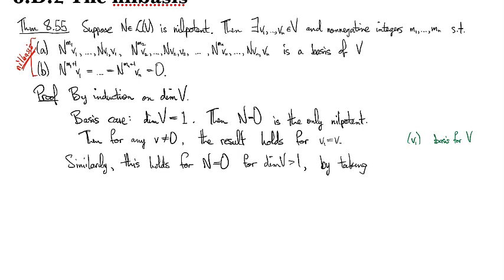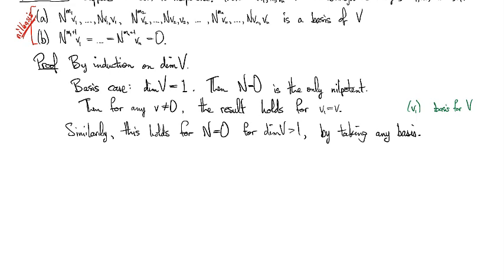And we just do the same thing, we just take any basis. And then all of the vk's form a basis, and all of our n vk's are going to be equal to 0. So you just have the basis of vk's, you're done, the end, you win.